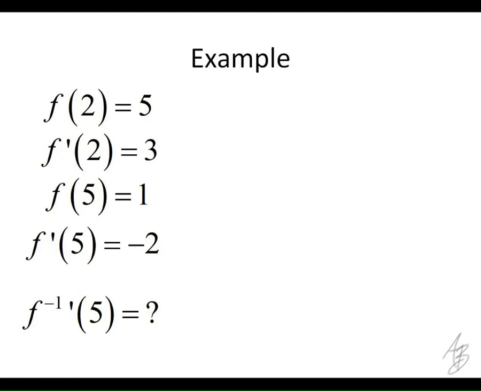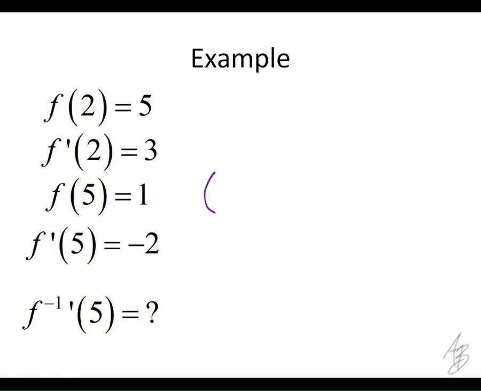Okay, let's look at a couple of things here. Did you figure out why? The point at x equals 5 isn't going to be the same on the inverse. Right. So remember, when we go to the corresponding point on the inverse, we flip the x and the y.